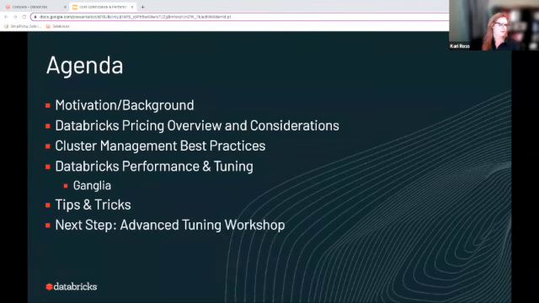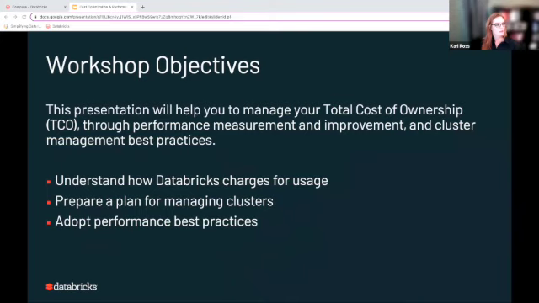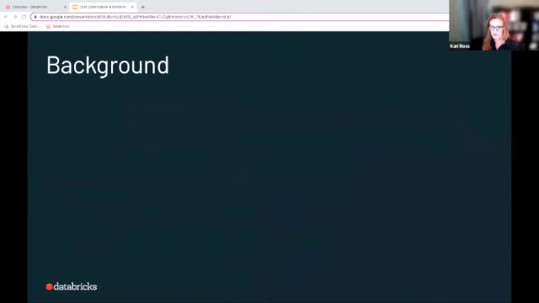After that, there are other advanced tuning workshops that we have scheduled, and we're probably going to schedule more in the future because it is a big topic. With this, we really want to understand how Databricks charges for usage, how you can prepare a plan for managing the clusters, and then use those best practices.